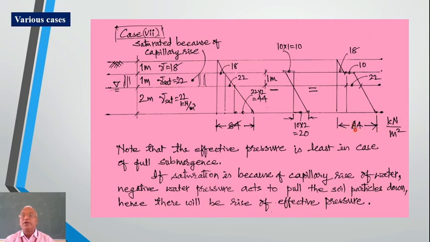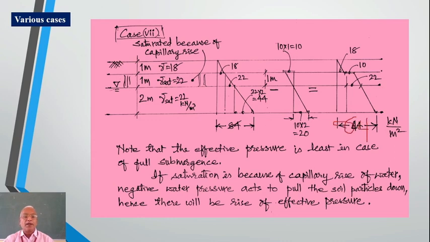Anyway, this will be 18 plus 22 plus this difference, which is 44 minus 20, that is 24. So obviously it will be 64, right? There is slight old writing in there, so I'll tell that this is 64.